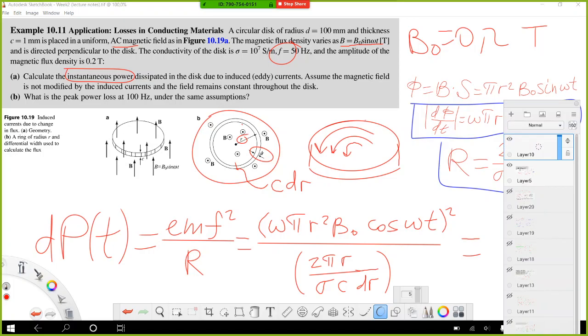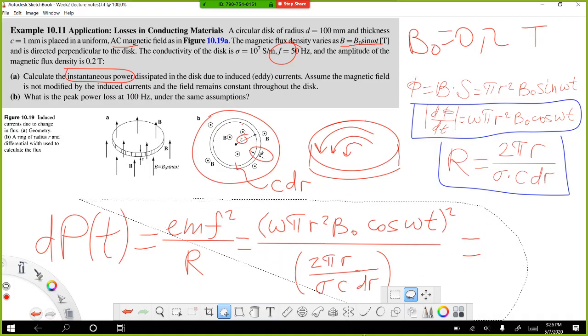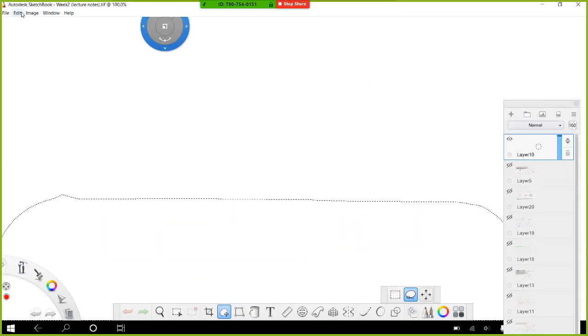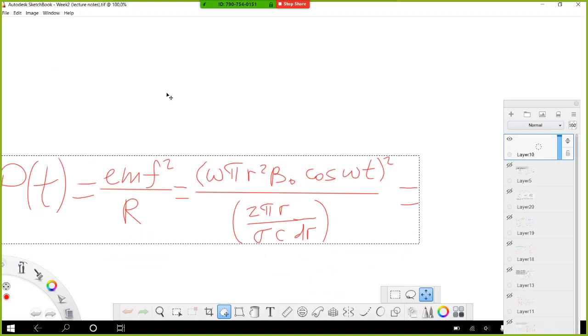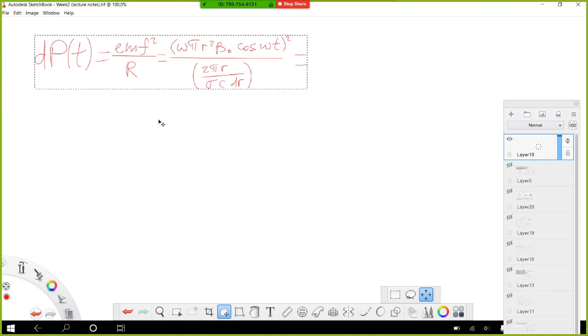So let me copy first this and then I will continue here.